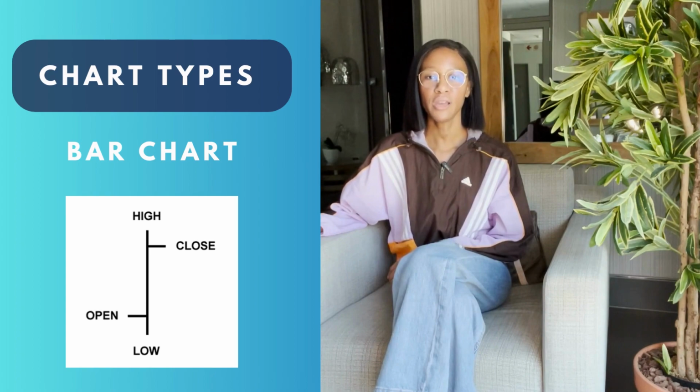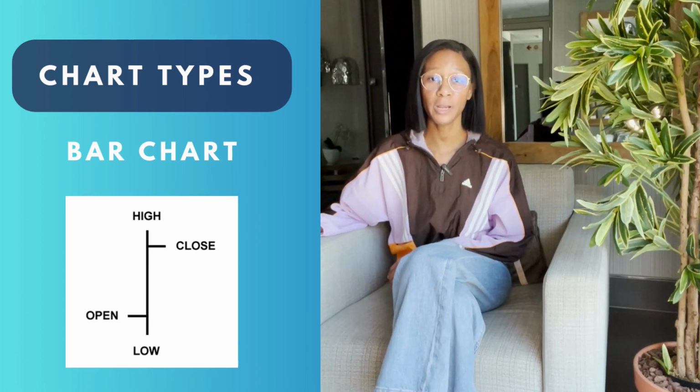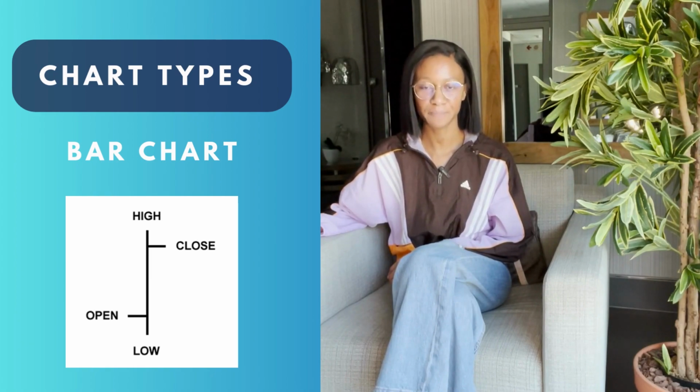So when you're looking at the bar chart, you'll be able to see where the opening price of the instrument was and where the closing price of the instrument was. But you just need to remember that the opening price is always on your left-hand side and the closing price is on the right-hand side.